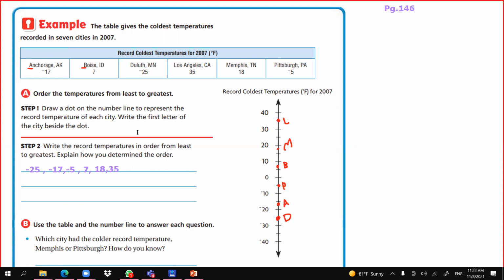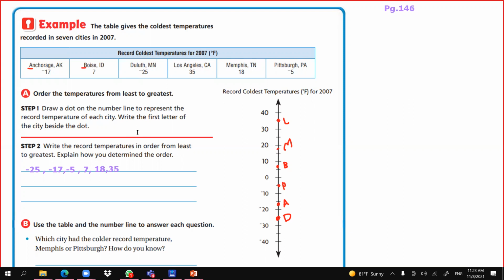Grade 6. She's talking. Yes, Miss, continue. How do you know that? Or how do you determine the order? Yes, Rafif, continue. Rafif?